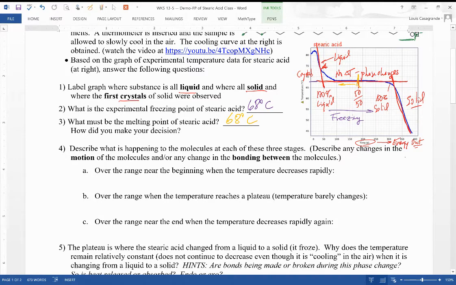And that's because freezing is going from the liquid to the solid. Melting is going from the solid to the liquid. These are opposite processes, or essentially the same process in reverse.